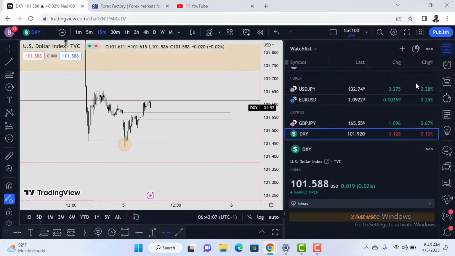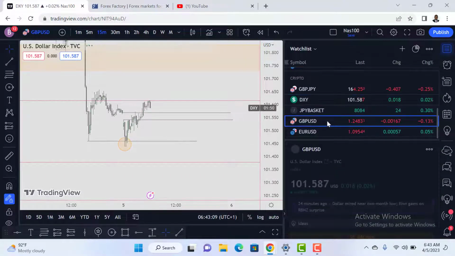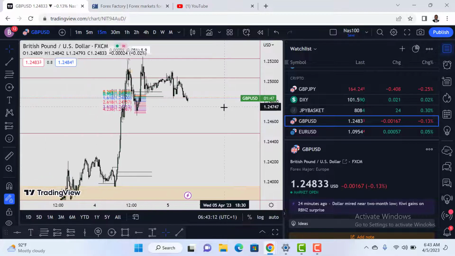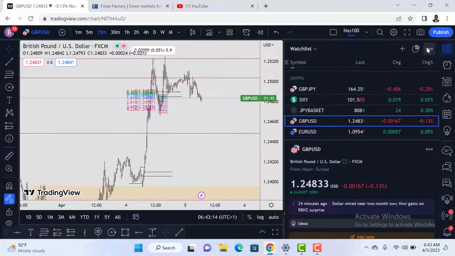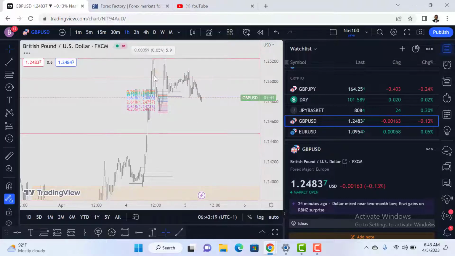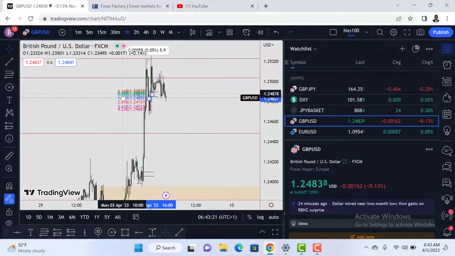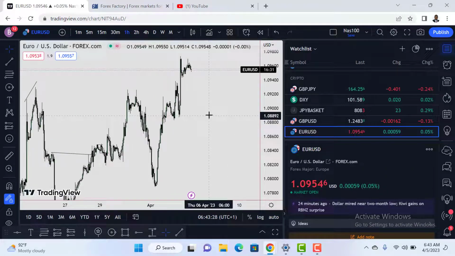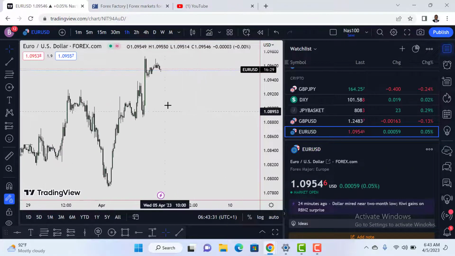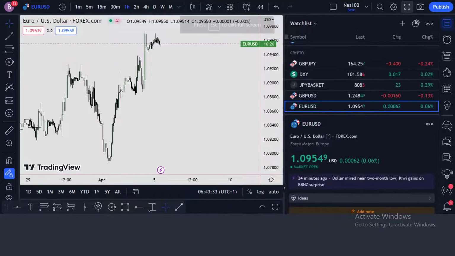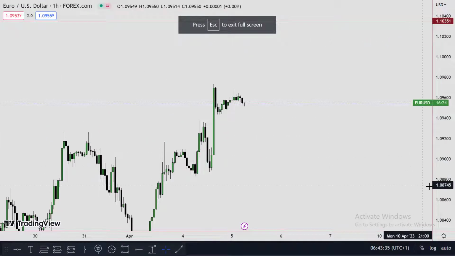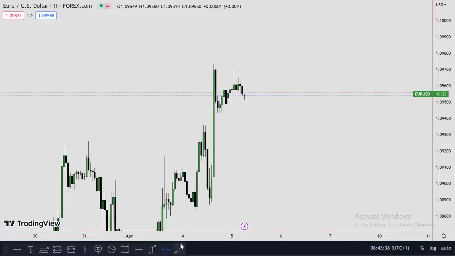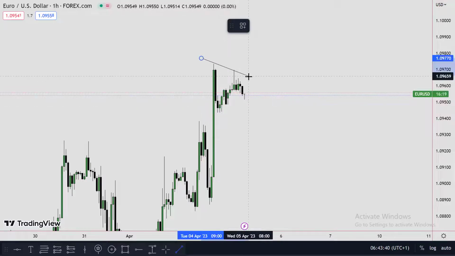So you just go to GBPUSD or your foreign currency that you like to trade and identify that. So you can see that we have that SMT divergence. This is Euro USD. Euro USD could not form a higher high.